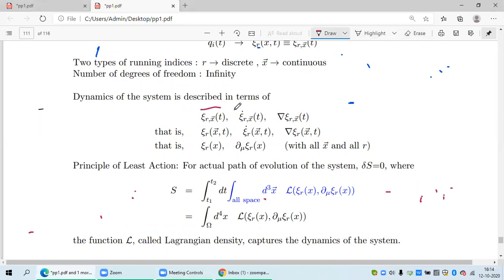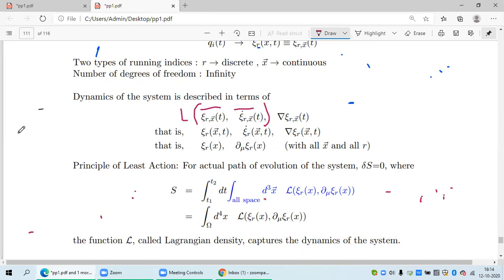These are the generalized coordinates and velocities, with all x's, all r's, the whole set of infinite numbers. If that represents the set of generalized coordinates and velocities, then your total L should be a function of this. So this L is not associated with any particular position point.